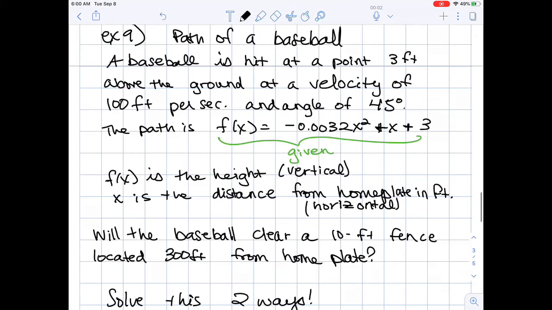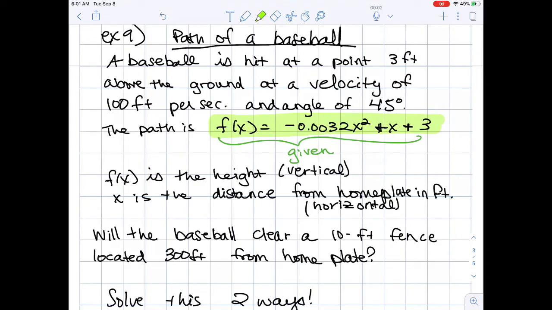All right, last example. The path of a baseball is what we're going to be talking about today. And a baseball is hit at a point 3 feet above the ground at a velocity of 100 feet per second at an angle of 45 degrees, and it's given by this function is its path. Okay?